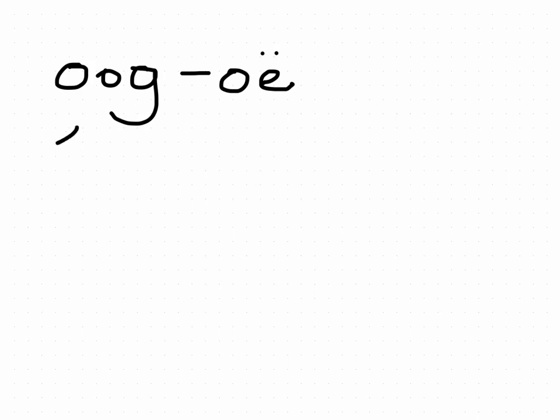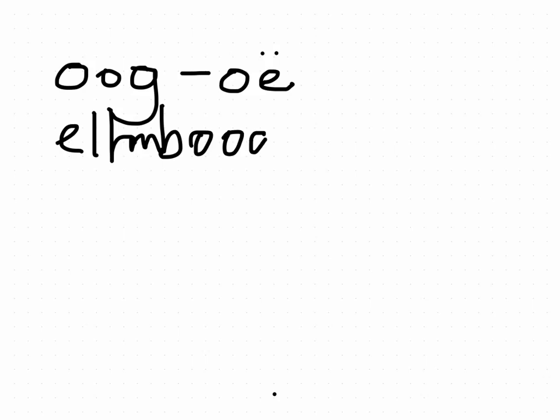And then we've got elleboog. Elleboog means elbow. Okay, so it has nothing to do with oor, but you see the same spelling there in elleboog, elbow. So you can use the same principle as this one.